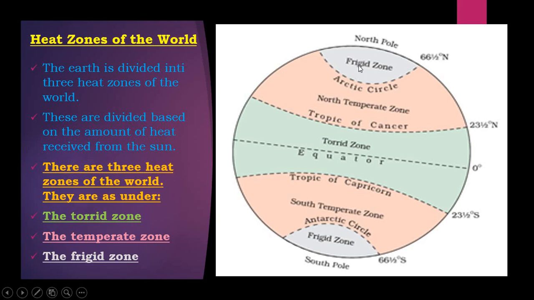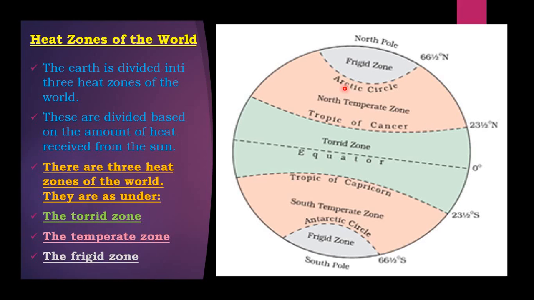And here you can see the frigid zone, meaning the cold or frozen area. You can see both the North Pole as well as the South Pole. So the frozen zone here, and here also the frozen zone.